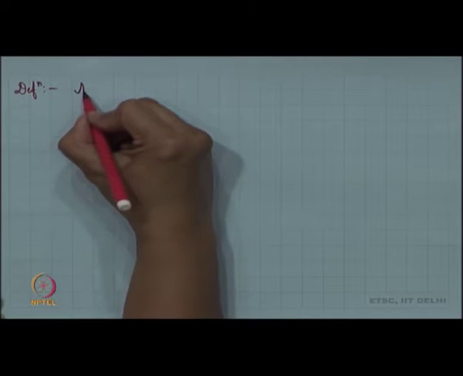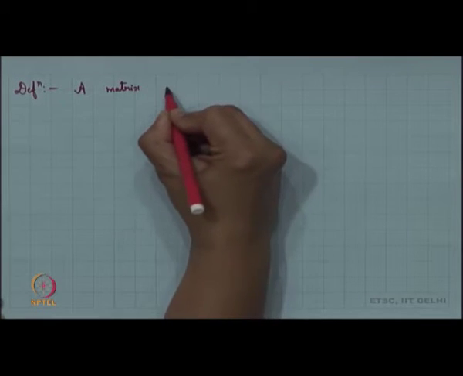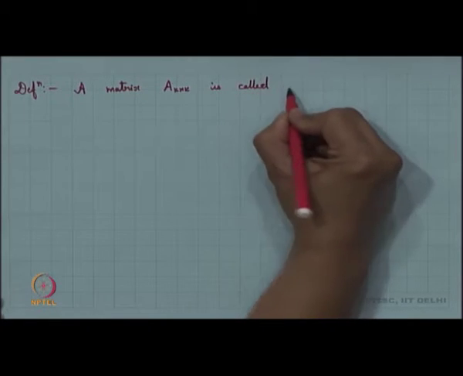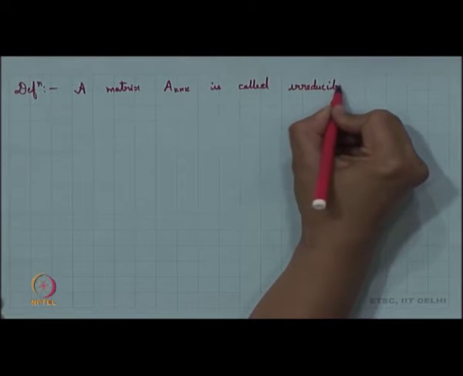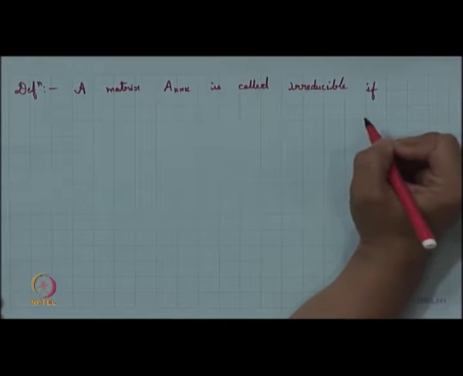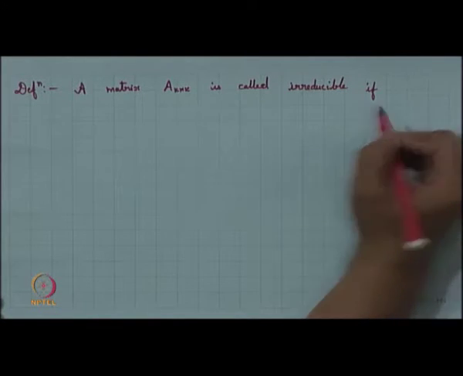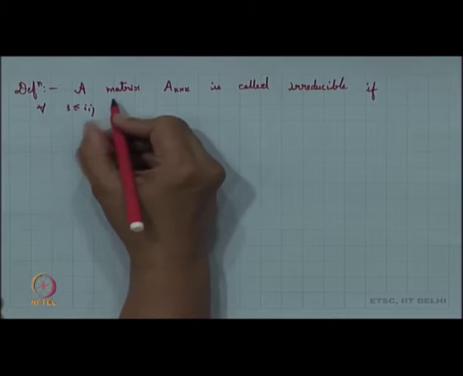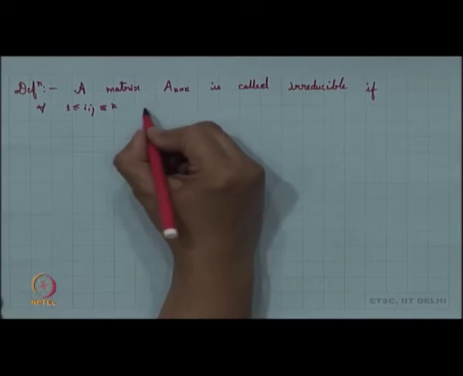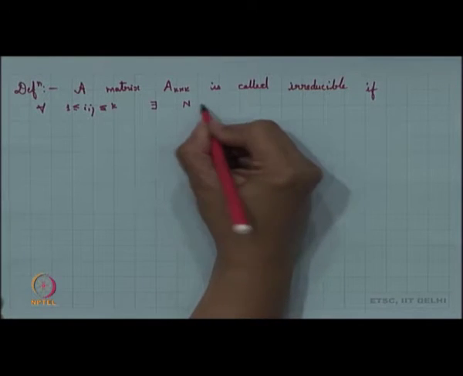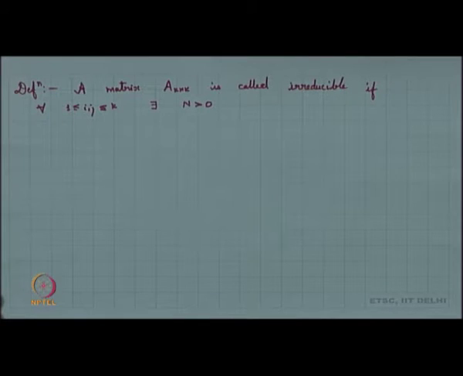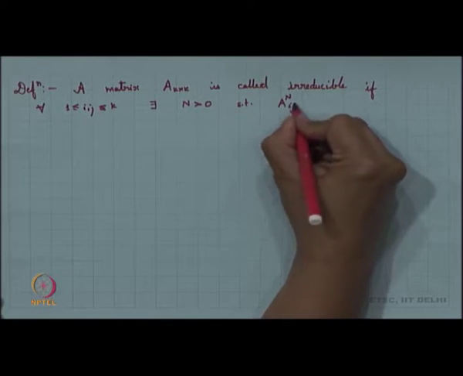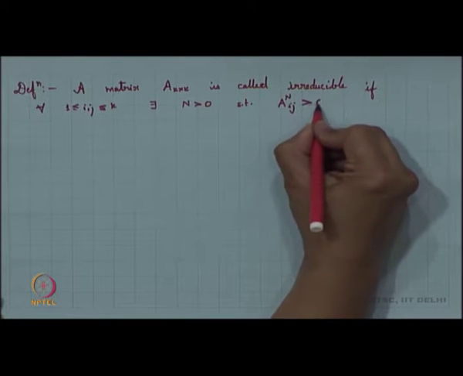So, a matrix, say let me take again a k cross k matrix, is called irreducible if for every pair i and j less than or equal to k, there exists some n, a positive natural number, such that if I take A to the power n and then take its ijth entry, this would be positive.